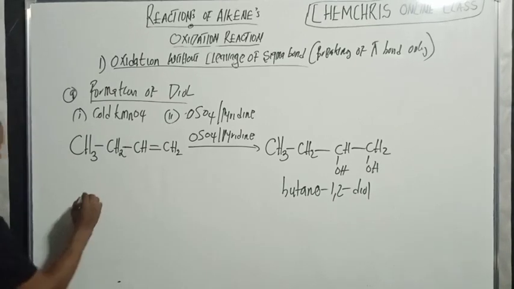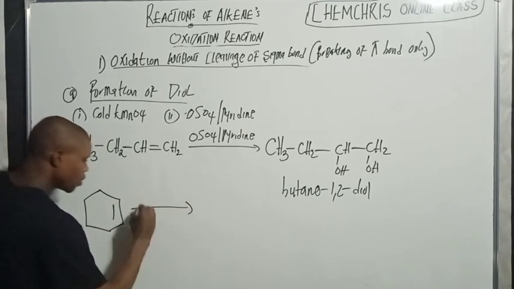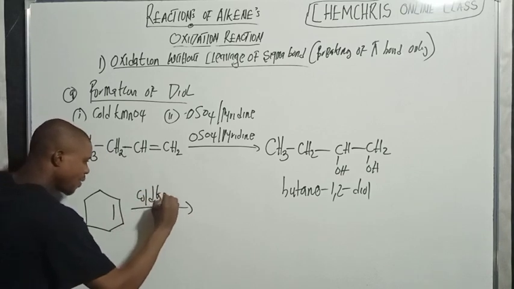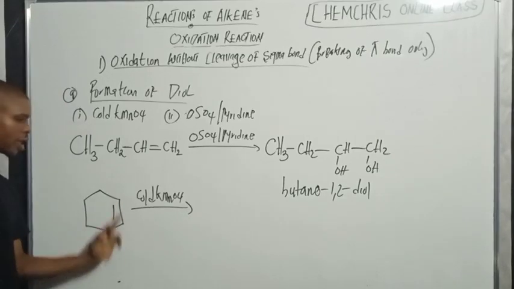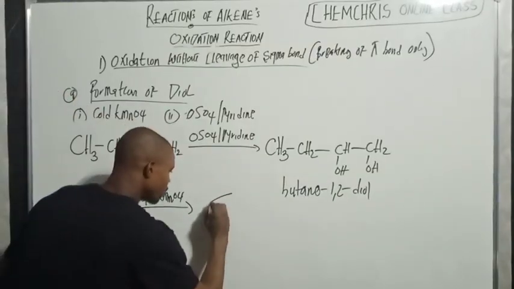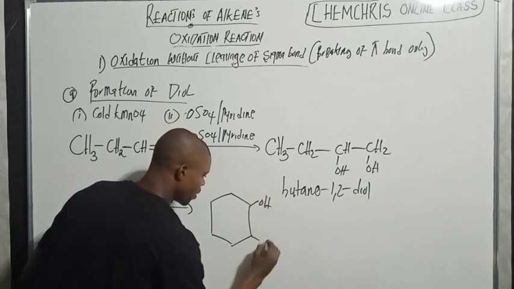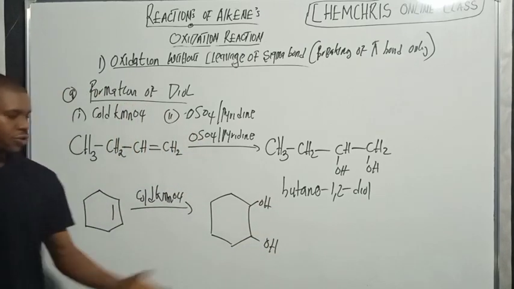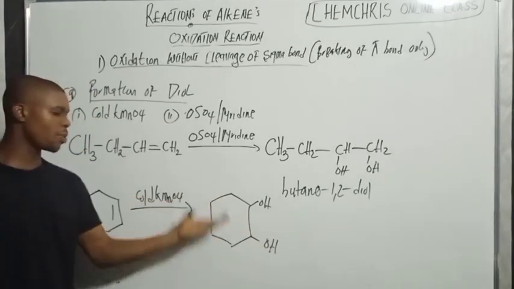So what about if I have something like this, with KMnO4? What will be the product of the reaction? So two OH will form here. So you have OH, here we have OH. Can you see that? So you can see that this also produces a diol here. So what will be the name of this product?